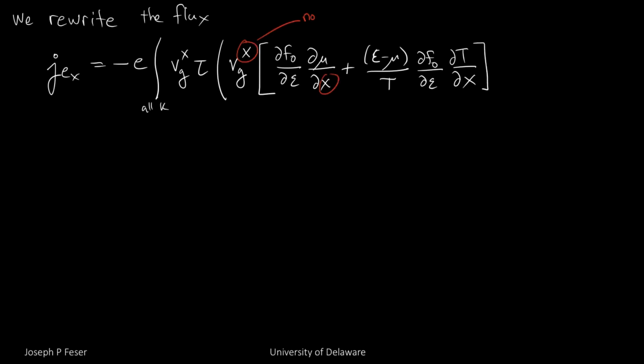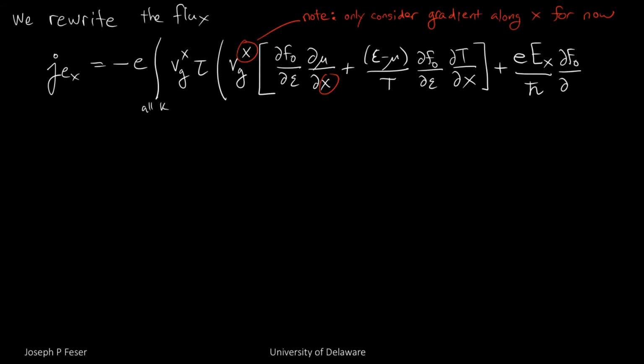I'll point out that I'm primarily interested in charge flow in the x direction driven by gradients in the x direction. So I kind of know that's how it's going to work out. If you were to try and use other directions of the gradient, you would find that they don't lead to any charge transport.